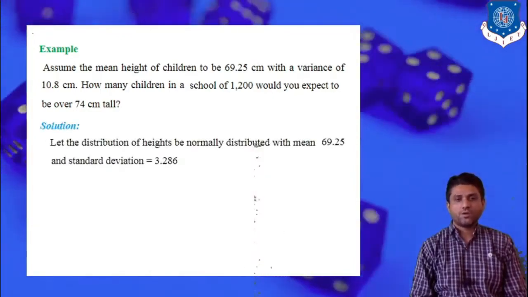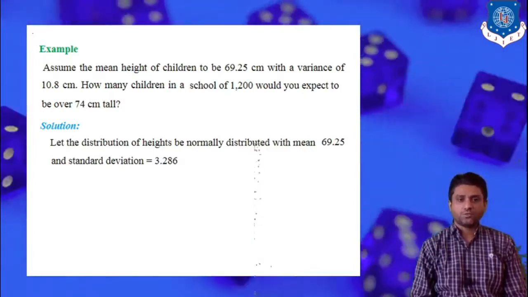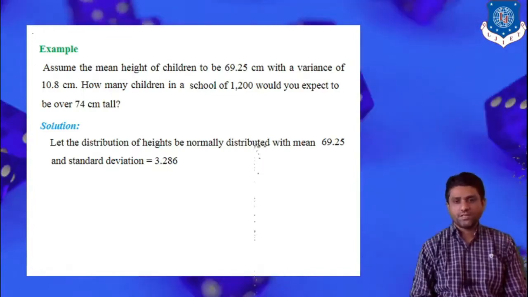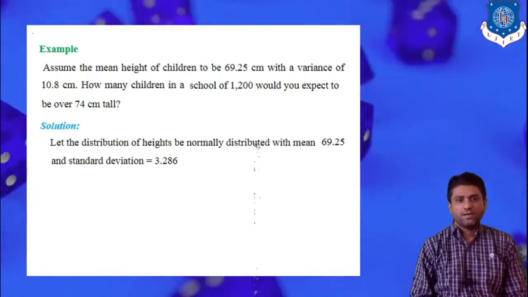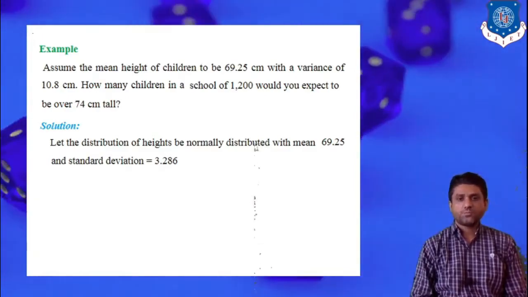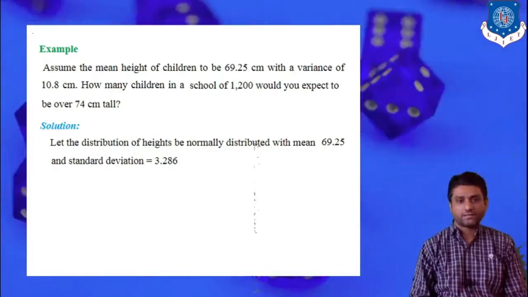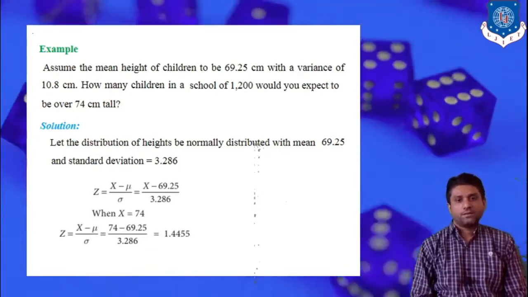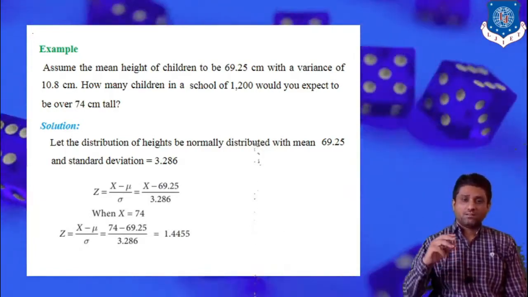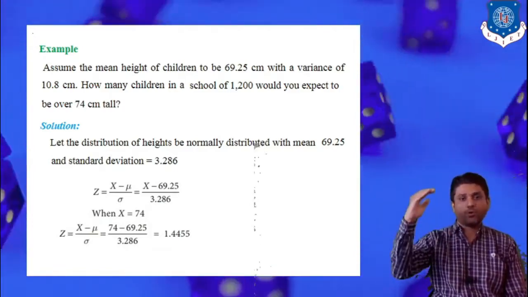First of all we have to assume that the height of the students follows the normal distribution with mean 69.25 and standard deviation, the positive square root of variance, that is the positive square root of 10.8, which is about 3.28. Again we are interested to find out how many students' heights exceed 74.